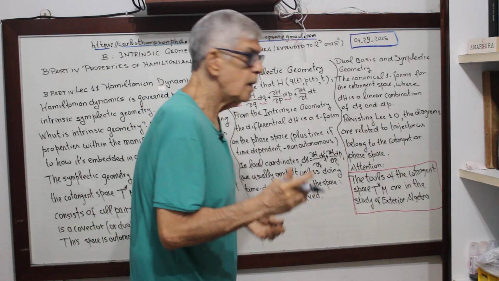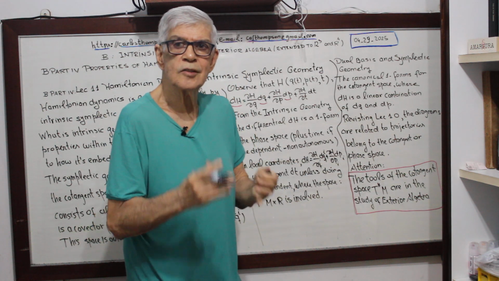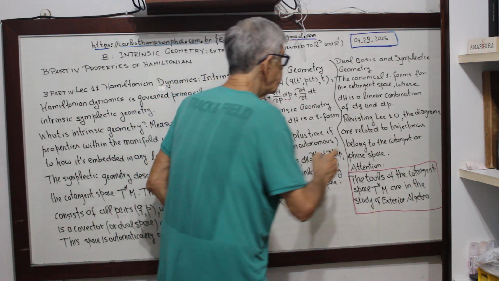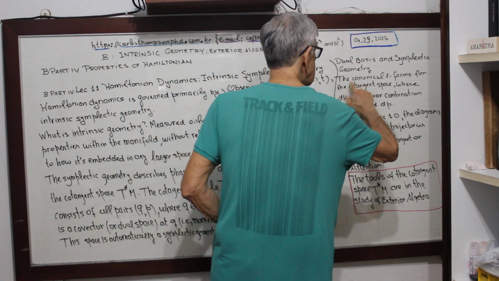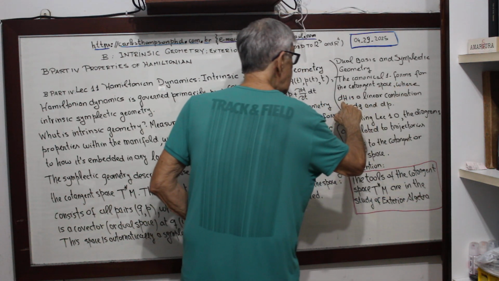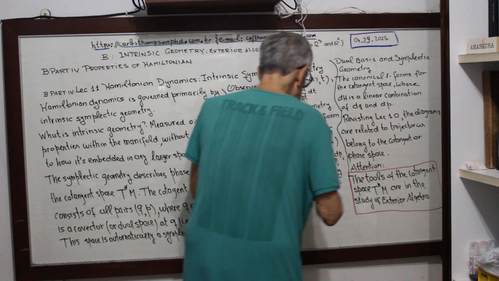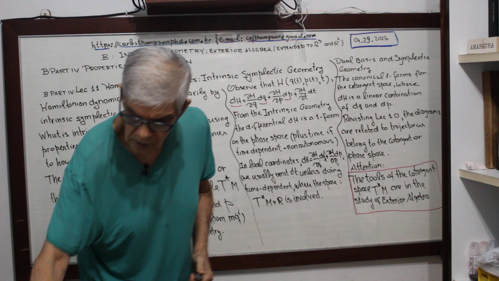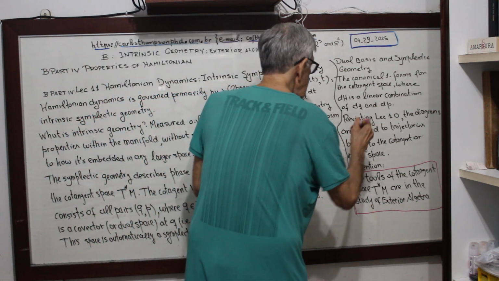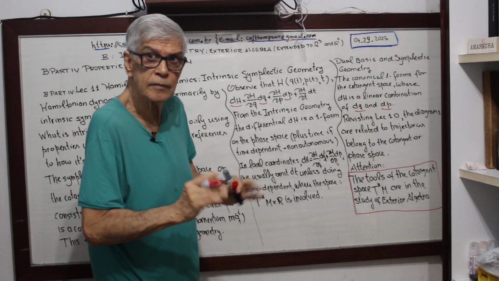In general, by definition, a scalar is a zero-form. And for the cotangent space, the canonical one-form dH is a linear combination of this basis over here. This is a specific basis for the Hamiltonian.